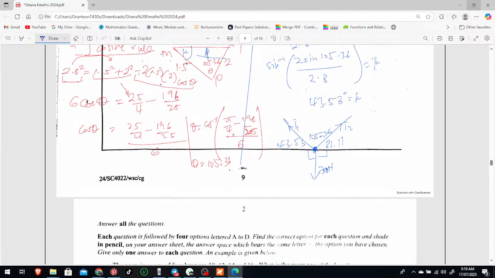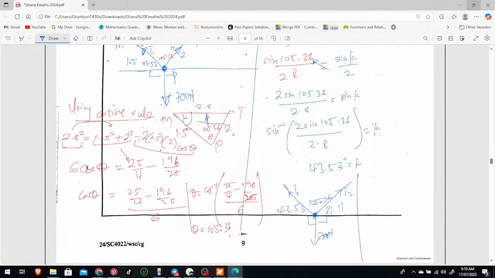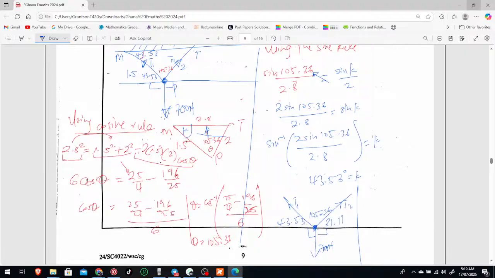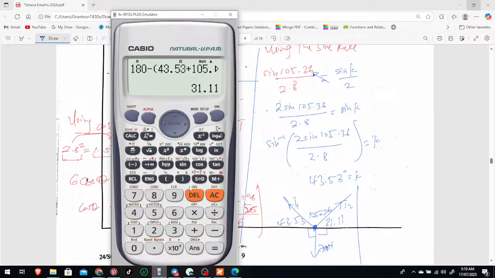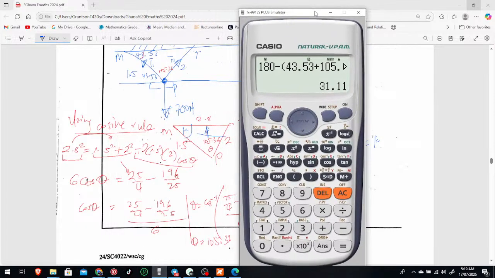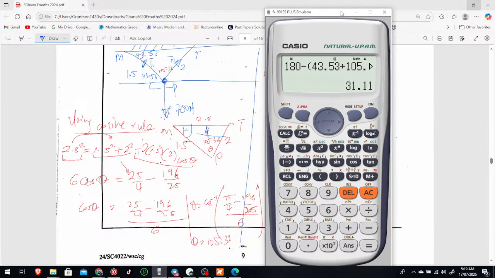Before you continue, make sure you've cross-checked this answer, especially this one. Because if this one is wrong, everything is wrong. So make sure you've cross-checked it very well before we move. We are finding our own angle.